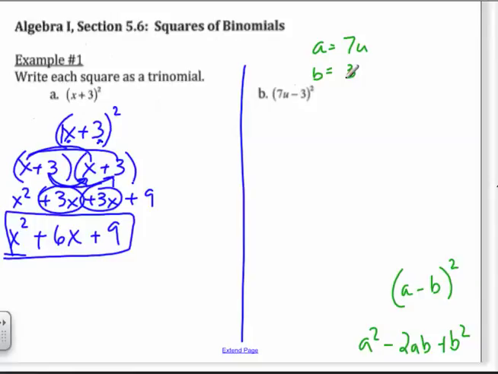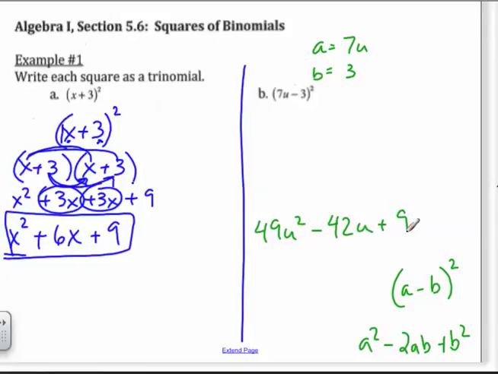So if I write it out according to this pattern, a squared is 49u squared. And then 2 times a times b is going to be 42u, and it's minus. Everybody agree with that? Because 2 times 3 is 6, times 7u is 42u. And then b squared is going to be plus 9.